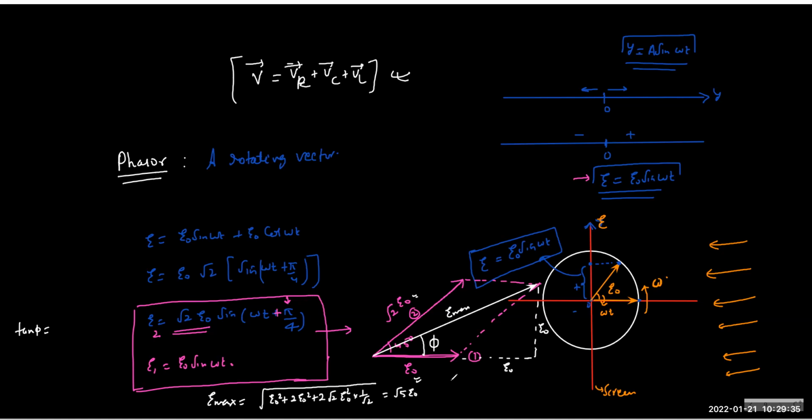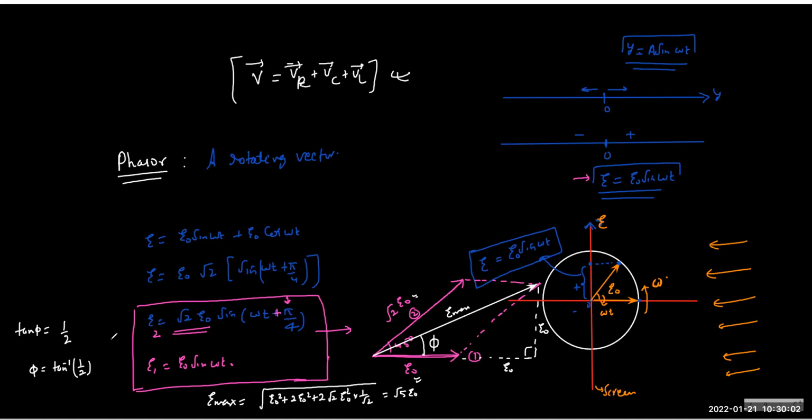This is also E naught. So here tan phi is E naught by 2 E naught, right? 1 by 2. So phi is how much? Tan inverse 1 by 2.